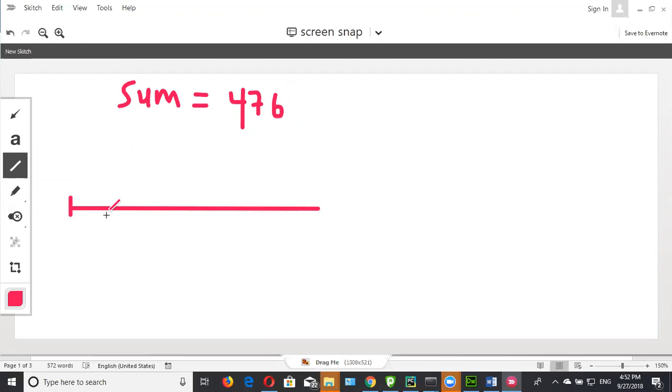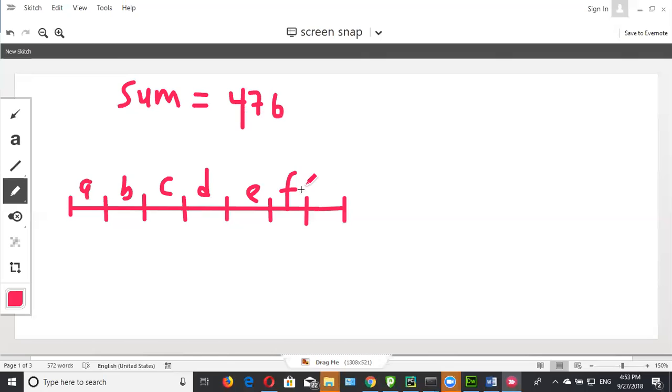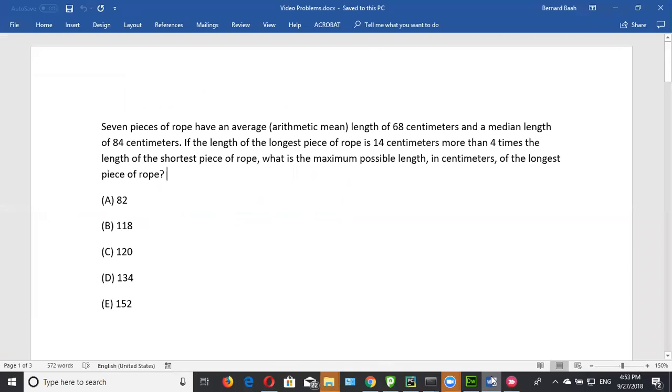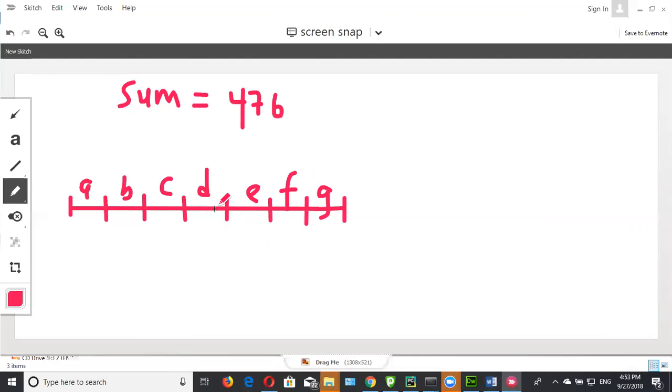The first piece would be A, then B, C, D, E, F, and the last one will be G. Now we're told that the median length of these ropes is 84 centimeters, meaning that D is 84 centimeters.